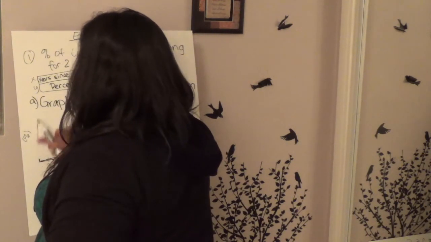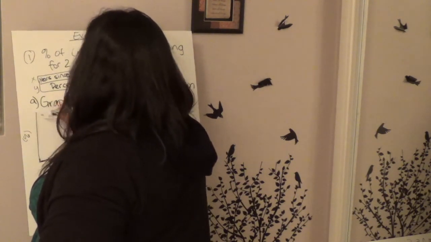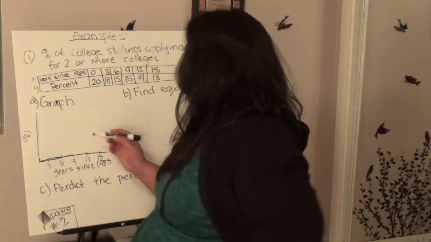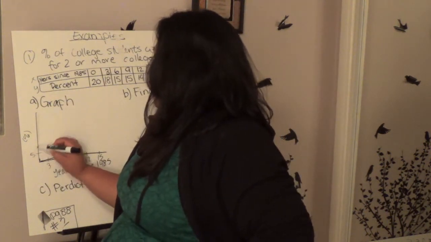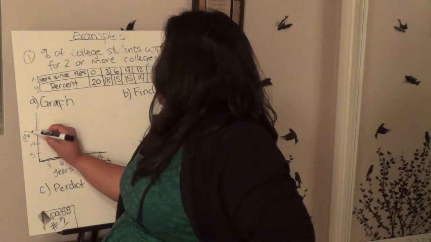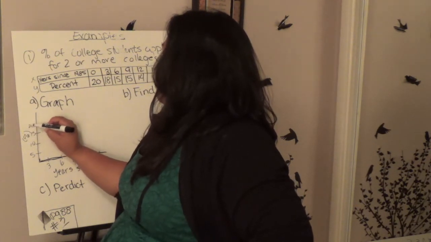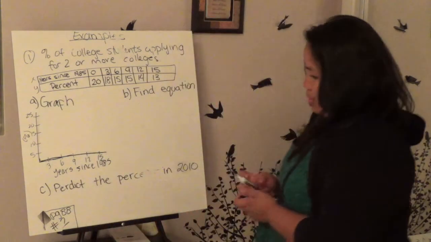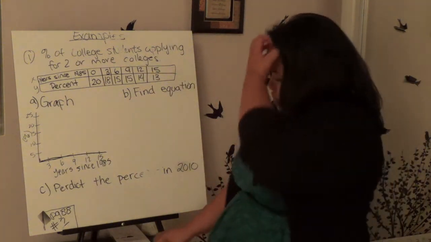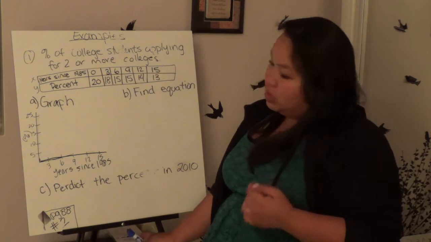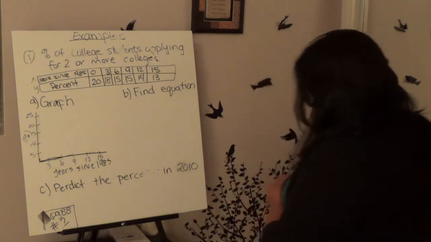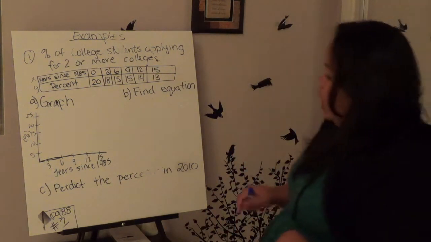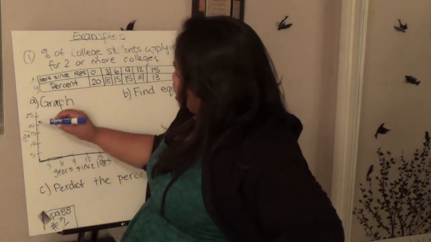The percent will go by 5: 5, 10, 15, 20, 25. So let's graph. Our first step again is to plot the points. We're going to plot the points. 0 goes all the way up to 20.